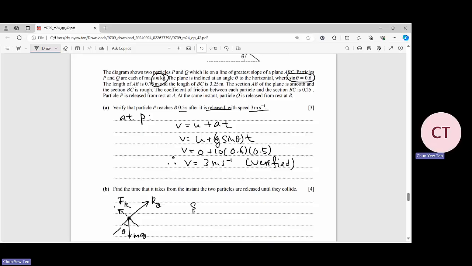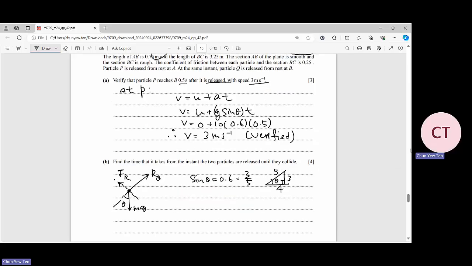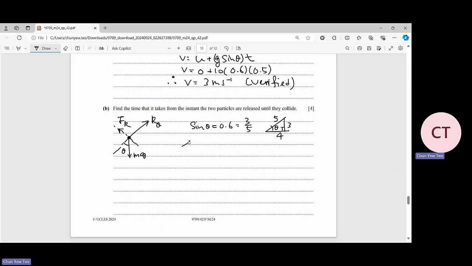Sine theta is equal to 0.6, which is 3/5. We can draw a right angle triangle: 3 here, 5 here, that means this one is 4. So if you resolve the forces this way, R_Q is mg cos theta, which is 4/5 mg.